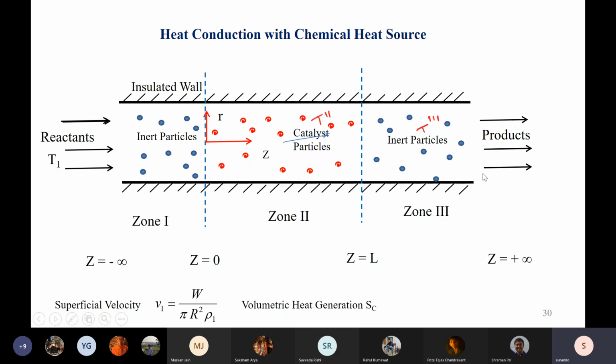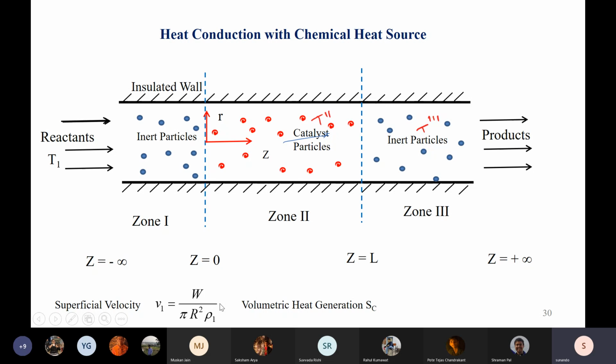So that's a very common arrangement in process industries, where a tubular reactor is preceded by a section and followed by another section where no reaction is taking place, and they are very well insulated.